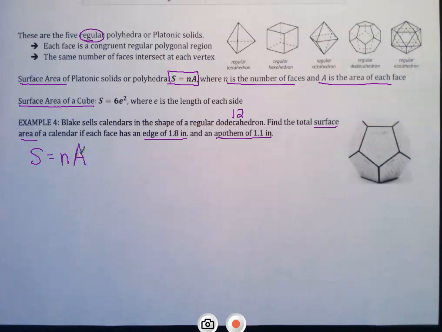And what does the N stand for? Number of faces. So how many faces are there? 12. And what does A stand for? Area of each face. So how do you find the area of this face? First of all, what's the shape of the face? It's a pentagon. So how do we find the area of a pentagon?